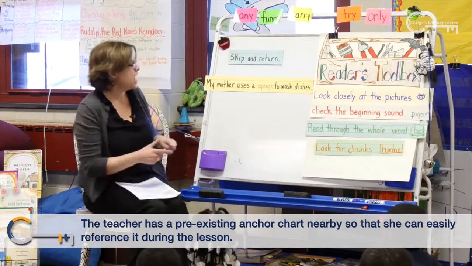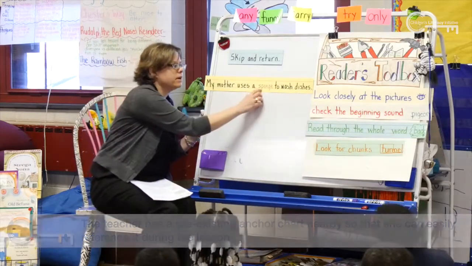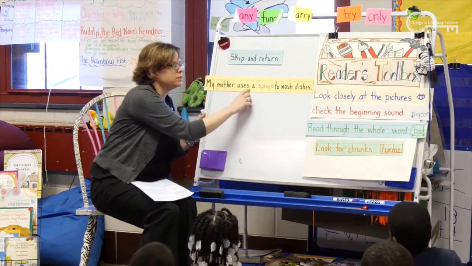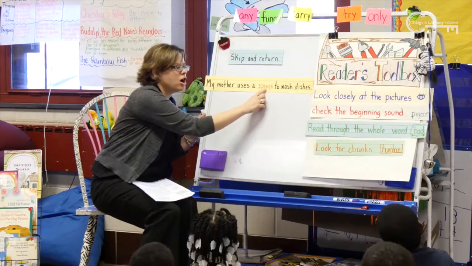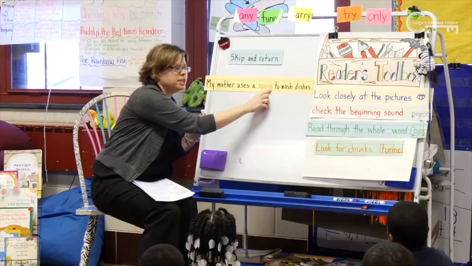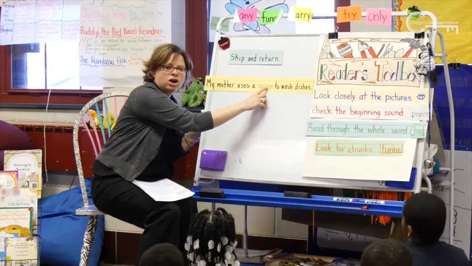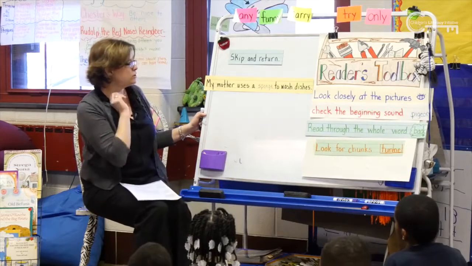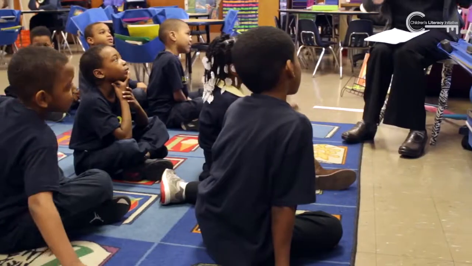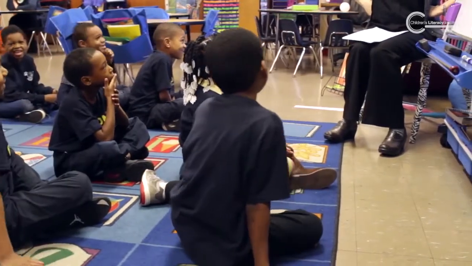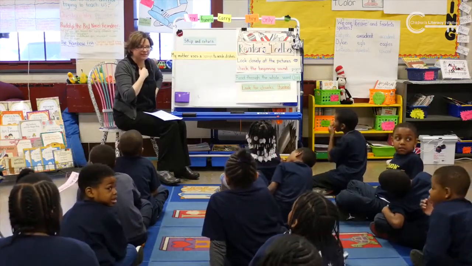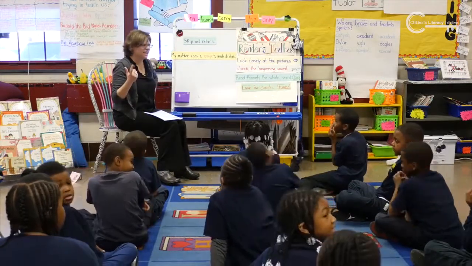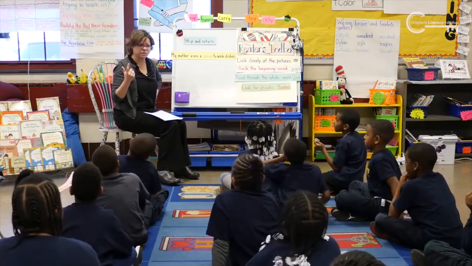So first I read sp. My mother uses a sp. Then I said ong. Spongy. My mother uses a spongy. If you know it, that's okay, but don't tell me yet. I was thinking, oh, my mother has never used a spongy.